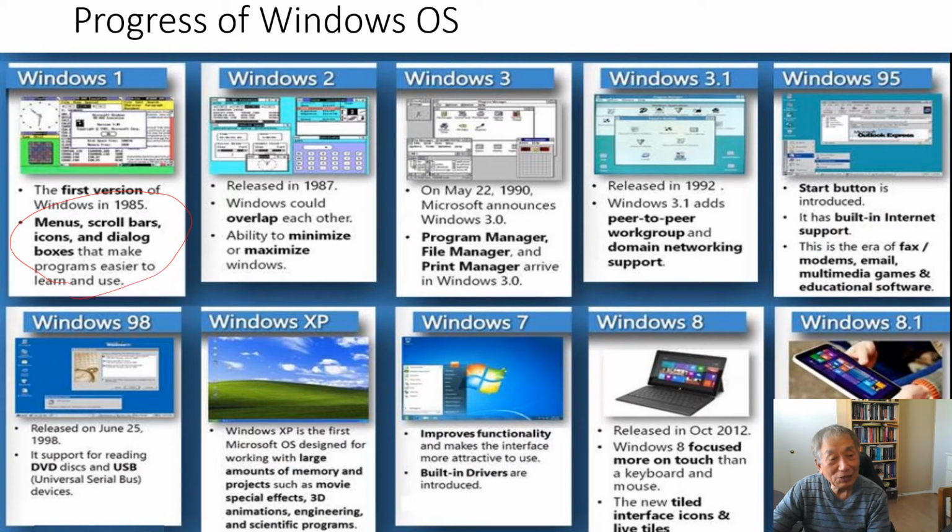So the menu and scroll bar were there. Then minimizing and maximizing windows was introduced in version 2. It still isn't that good, but in version 3, they have a program manager, file manager, printer manager, this kind of thing that made it acceptable and usable. Then Windows 3.1 is actually the one that was used very widely.